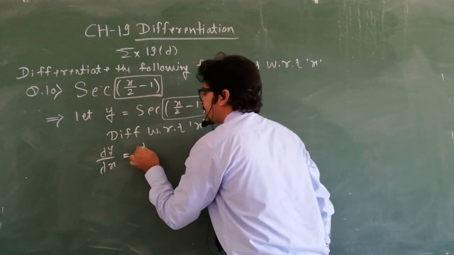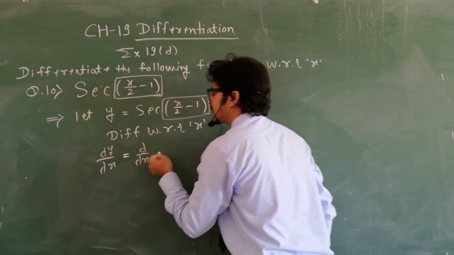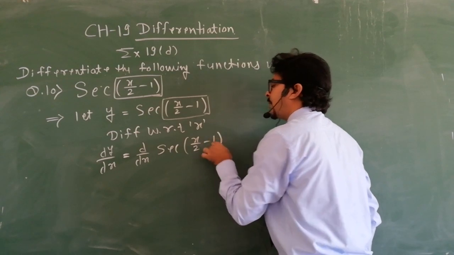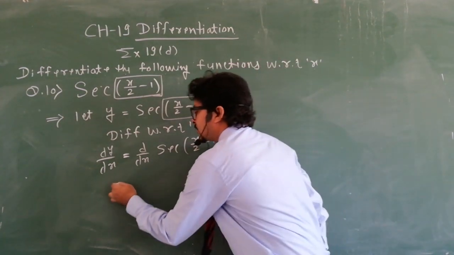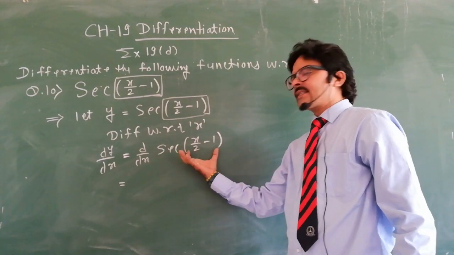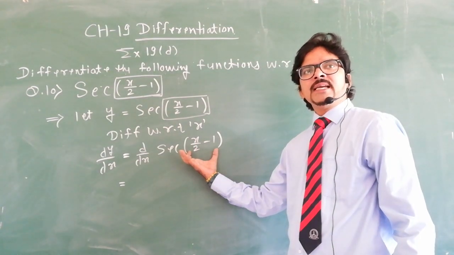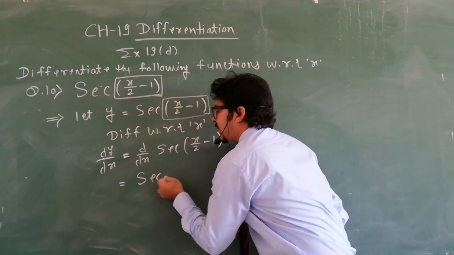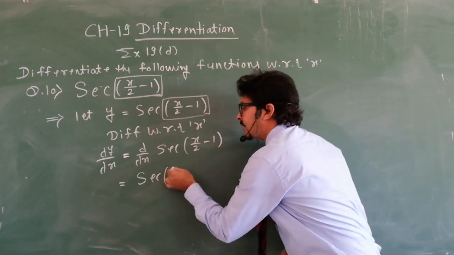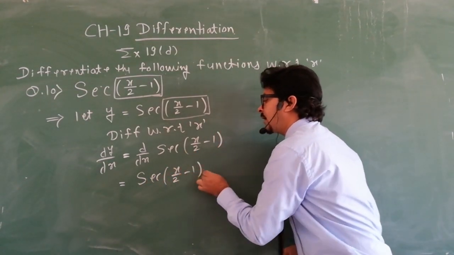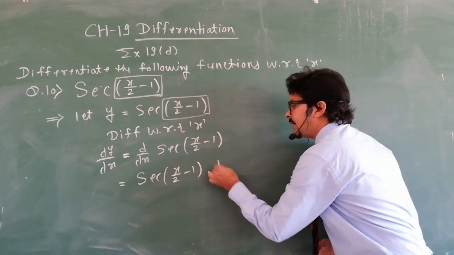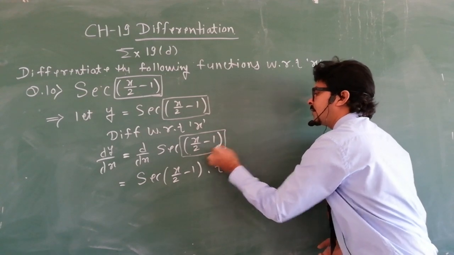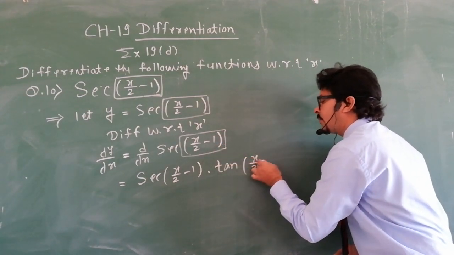So we'll write d by dx of sec, and in place of x is x by 2 minus 1. Now as we know the derivative of sec x is sec x into tan x, so we'll write sec, in place of x this bracket x by 2 minus 1, into tan, and in place of x we'll write this bracket again, x by 2 minus 1.